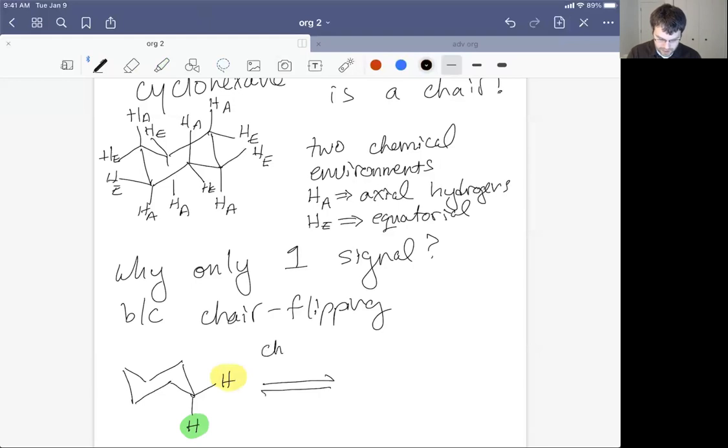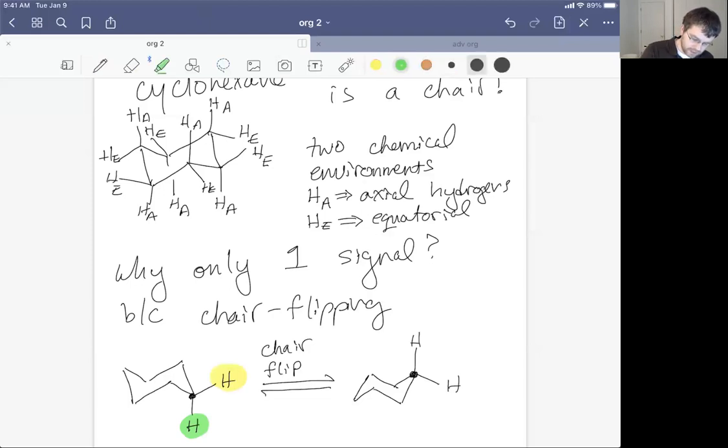I'm going to undergo a massive conformational change to flip the chair structure such that we now have this as our molecule of interest. At the same carbon, furthest to the right, we have two hydrogens. Now axial is pointing up and equatorial is pointing down.